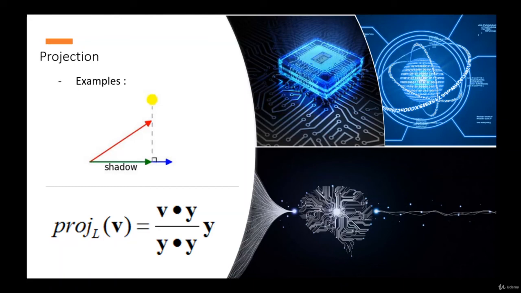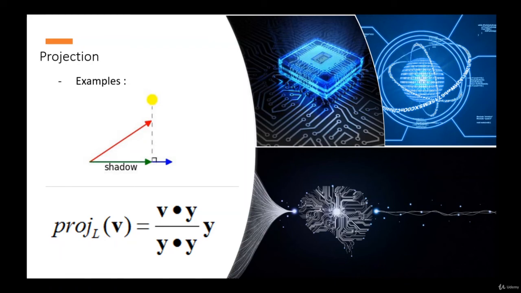Another way we can use projection is simple. Let's say we have a mountain, and here we have something on this mountain. Let's say we have the gravitational force that will push our object down the mountain, and we need to apply a certain force.